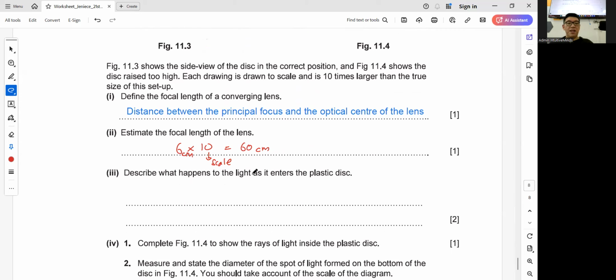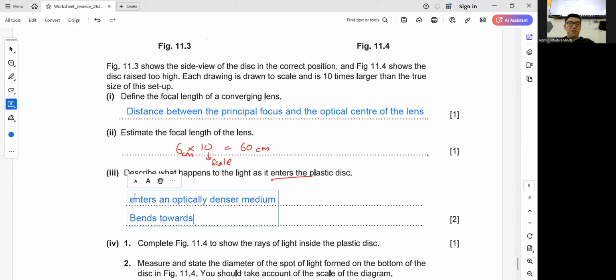Describe what happens to the light as it enters the plastic disc. Keywords to mention: enters an optically denser medium. That's the first one.